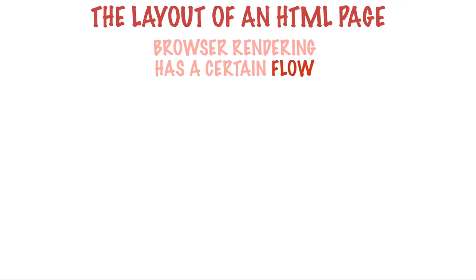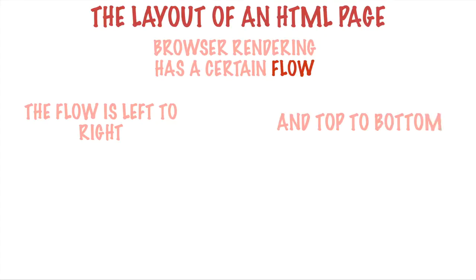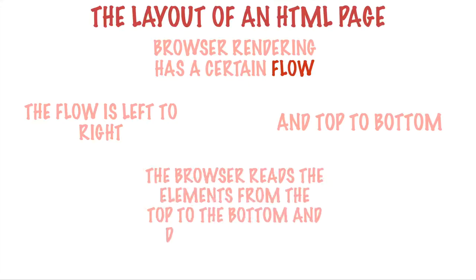Understanding how a browser renders a page is very important to understand how you can use CSS layouts to affect this rendering. Browser rendering flows from left to right. As it sees elements, it tries to place them next to each other one after the other from left to right till it reaches the right margin. Once it reaches the right margin, then the flow is from top to bottom, right? Just like how you would write on a page.